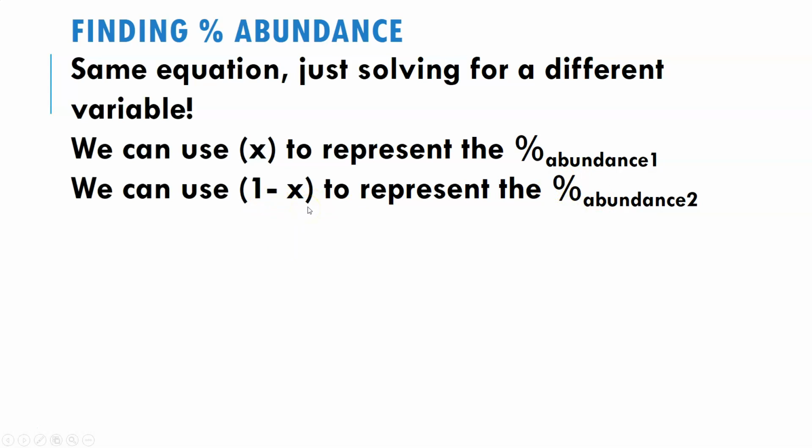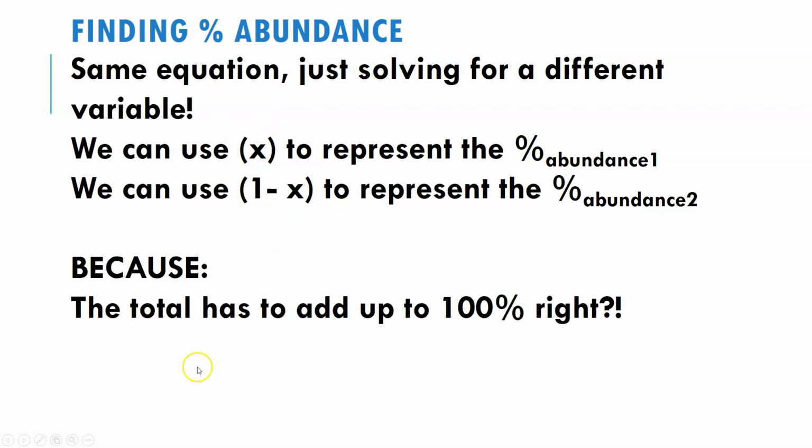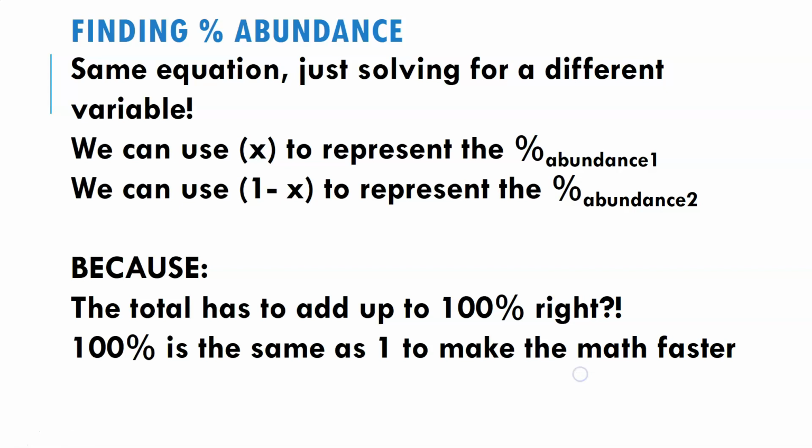And people always say, okay, wait a second. I understand why I'm putting X for my unknown, but I have 2 unknowns here, and I don't understand why it's 1 minus this unknown. What we have to remember is that the total adds up to 100%, right? And if we're using decimal form, 1 is the same as 100%. So X is percent number 1.